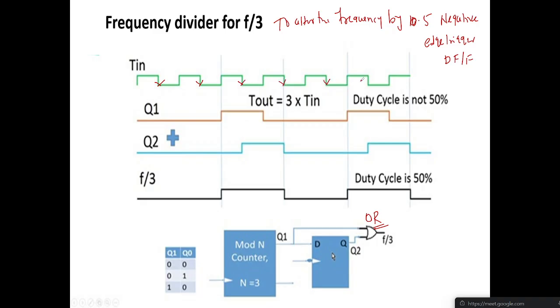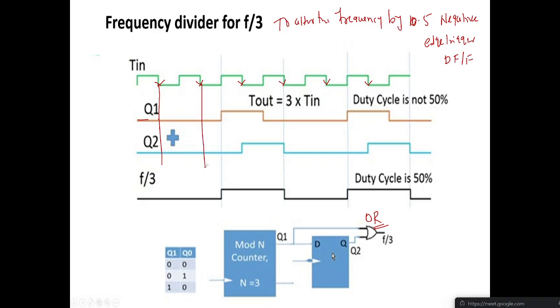You know that a D flip flop is a sequential buffer, it gives the same input at the output. Whatever this Q1 input is, here the input is 0, and Q2 is the output of the D flip flop, so it will be 0.